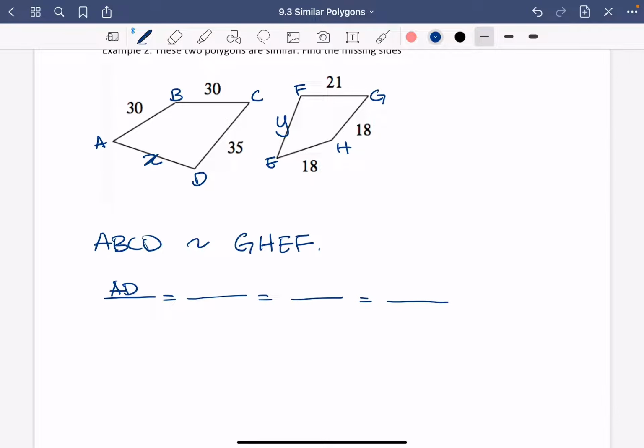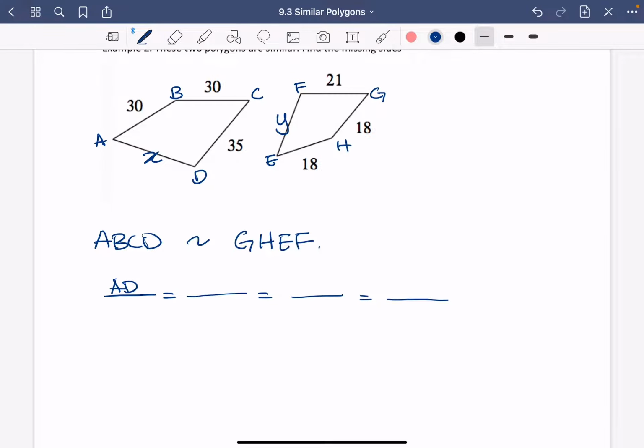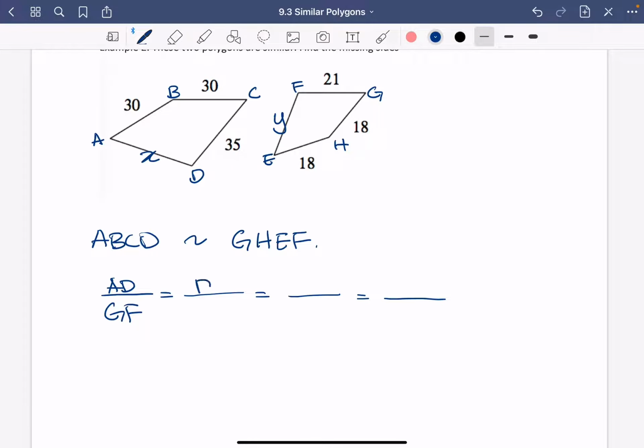AD will be proportional to GF, DC will be proportional to FE, BC will be proportional to HE, and AB will be proportional to GH.